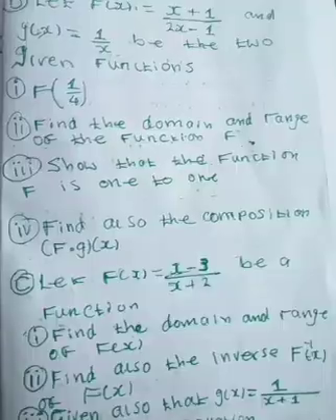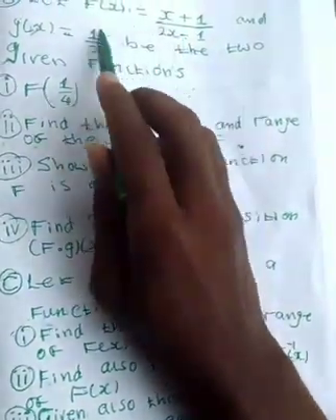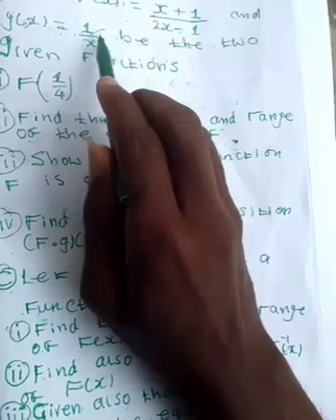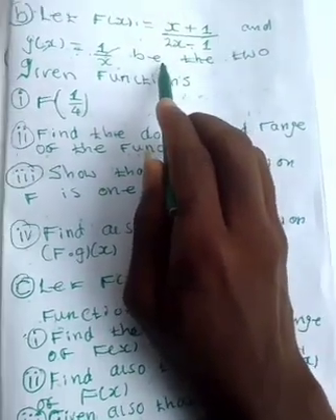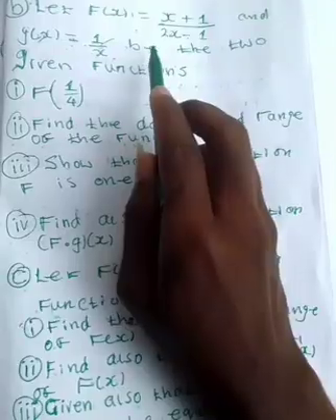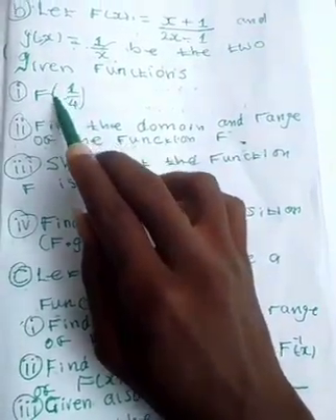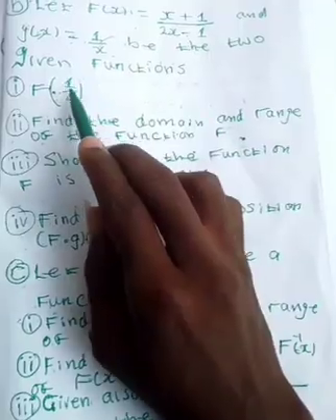Alright, so let's go to question 2b. They have given you this function, and they're saying that g of x is equal to 1 over x. Let this function and this function be two given functions. The first one, they want you to find f of 1 over 4.